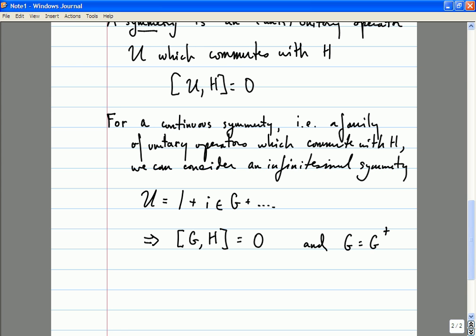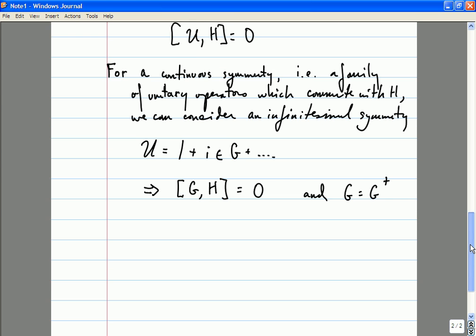So just as in the classical mechanics case, we see that a continuous family of symmetries, if you think about the infinitesimal symmetries, will provide for you some observable G which commutes with the Hamiltonian. Are there questions? Did I make a mistake somewhere? Okay.